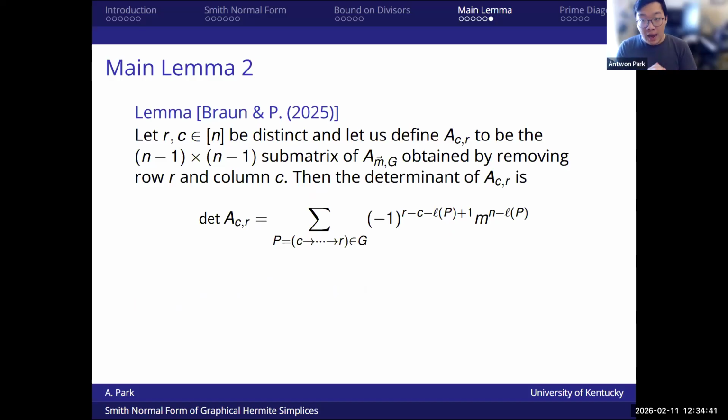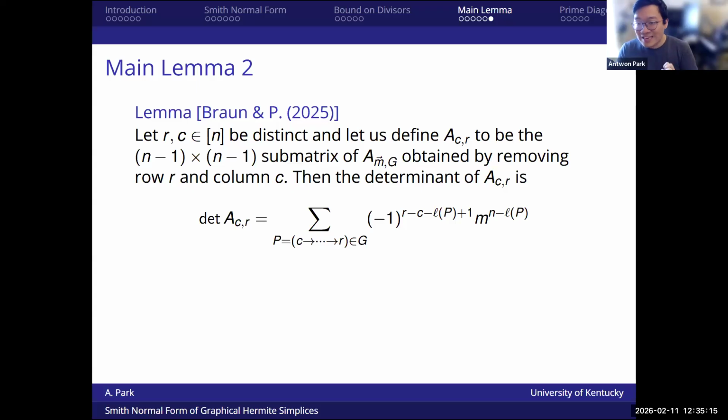So I can tell you that if you remove a particular column and a particular row, whatever that submatrix is, its determinant essentially looks like m to the n minus the length of the path. And so this is a way to compute all of the n minus 1 by n minus 1 minors. And so I can compute what delta of n minus 1 is, and that tells me what my largest elementary divisor is.